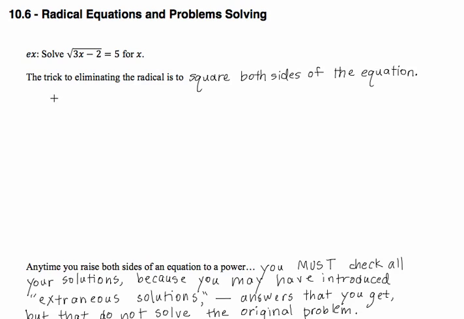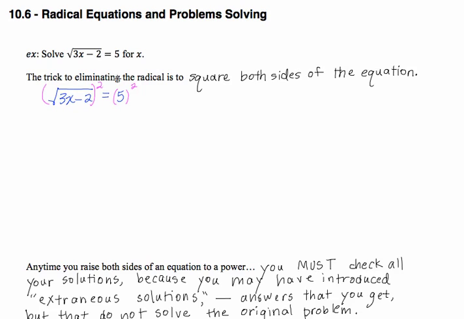So let's do this example right here. We have the square root of 3x minus 2 is equal to 5, and we want to find what value or values of x make this equation true. To eliminate this radical, we square both sides of the equation, because remember you can do anything to an equation as long as you do it to both sides.